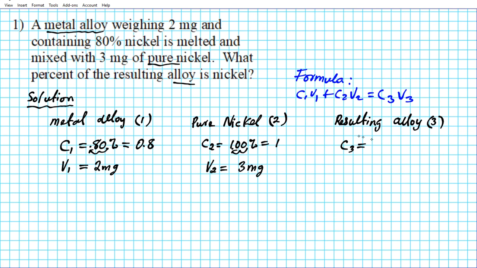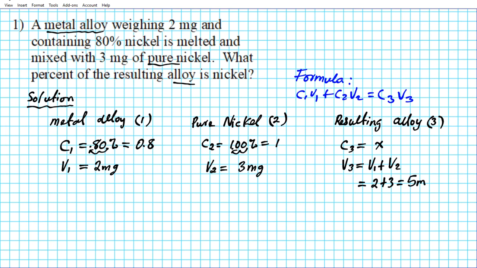What percent of nickel is there in the mixture? Well, we're asked to find that, so that's the unknown. We're going to call it x. V3 is the volume of the mixture. We talked about this earlier: V3 is V1 plus V2, which is simply 2 plus 3, which equals 5.